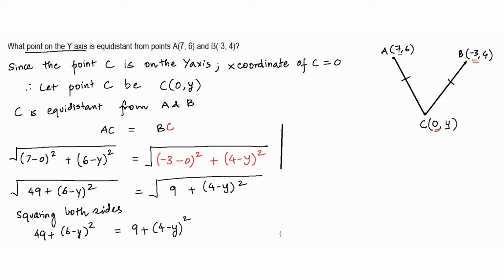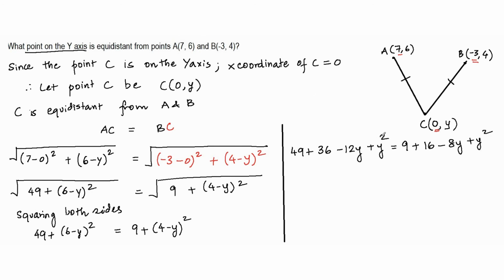And now I can apply a minus b the whole square to both sides. So I get 49 plus 6 minus y the whole square, which is 6 square is 36 minus 12y, the 2ab term, plus y square. This is equal to 9 plus 4 minus y the whole square. So again I should use a minus b the whole square, that's a square minus 2ab plus b square.